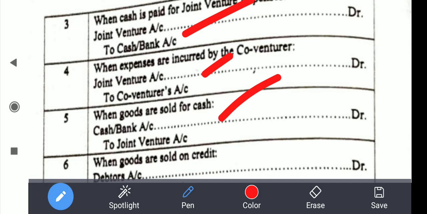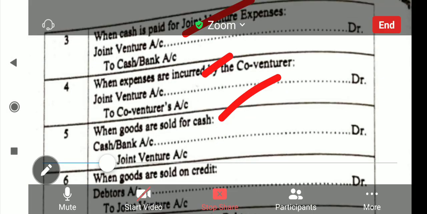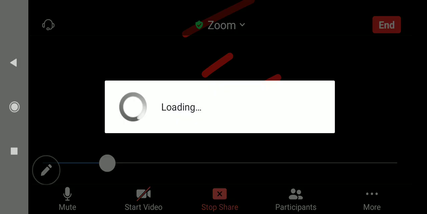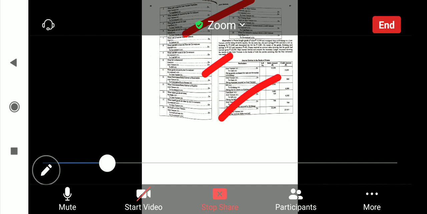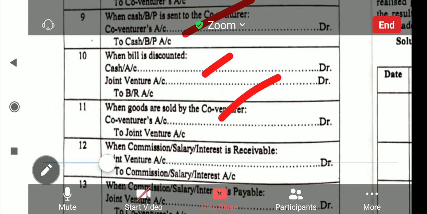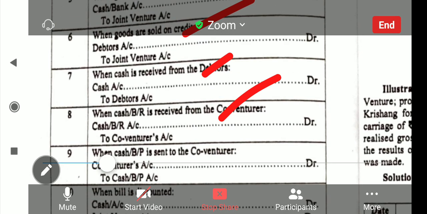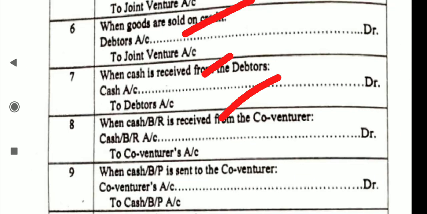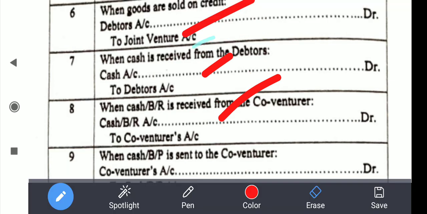Then next, goods sold on credit basis. When goods are sold on credit, you just have to write debtors account debtor to joint venture account.